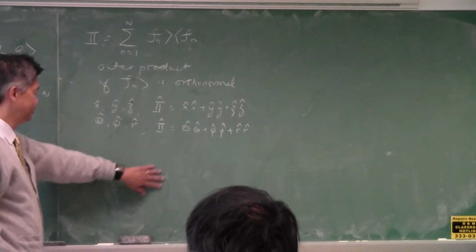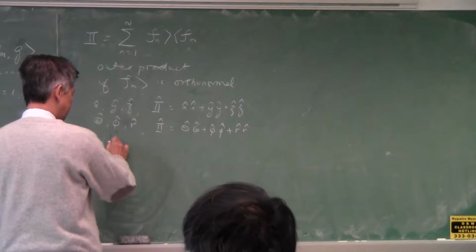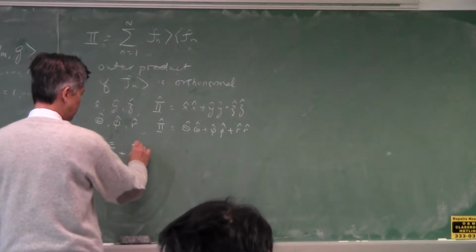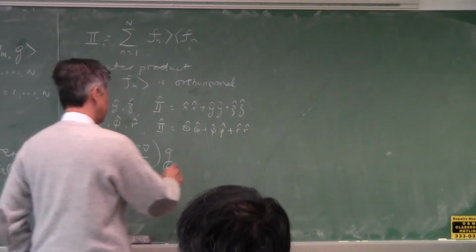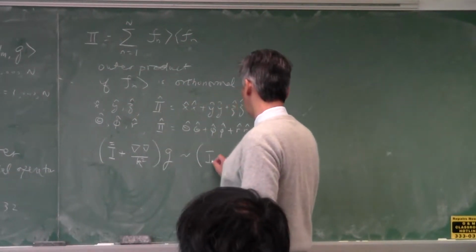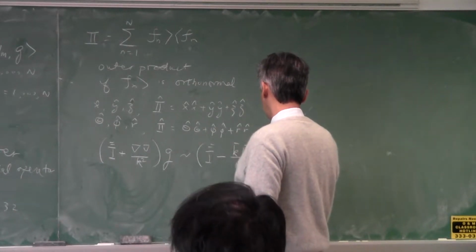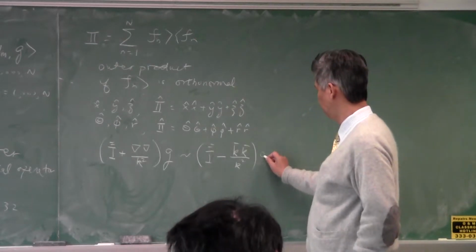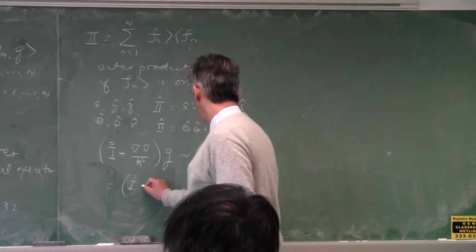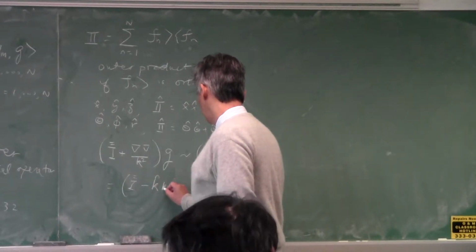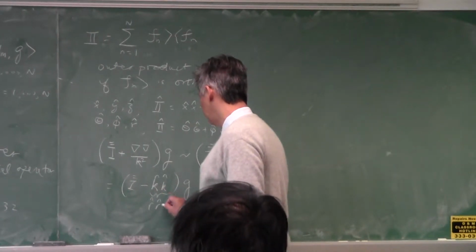And you often see this in the dyadic Green's function, that when you have something like this, and in the far field this could often be approximated like I minus k k over k squared in the far field, and then this can be written as I minus k hat k hat, and this k hat is essentially r hat.